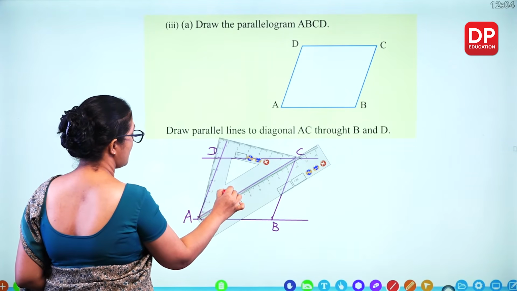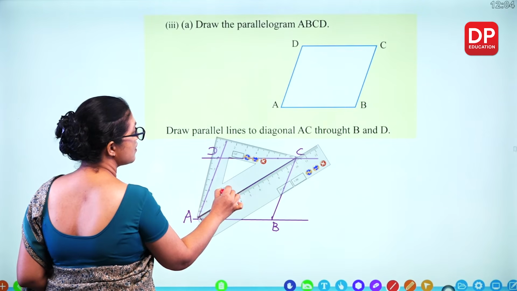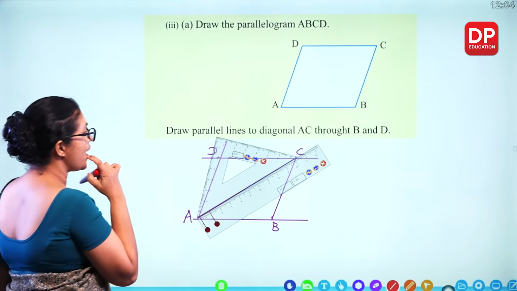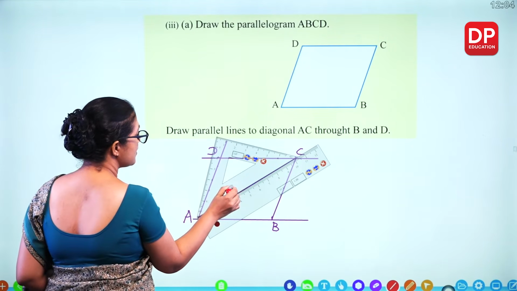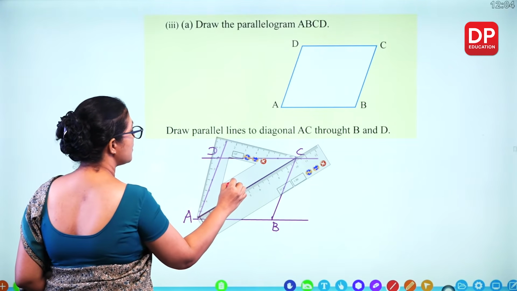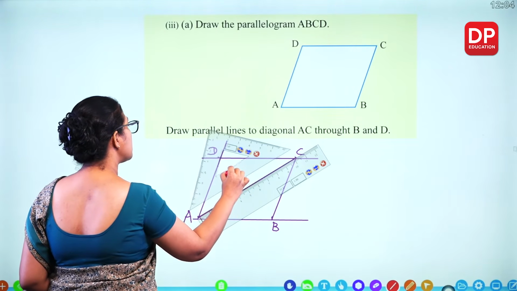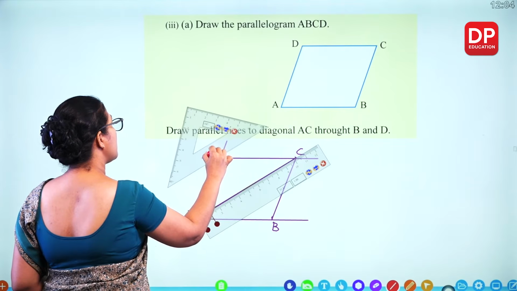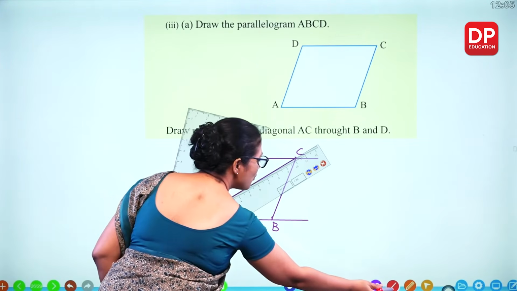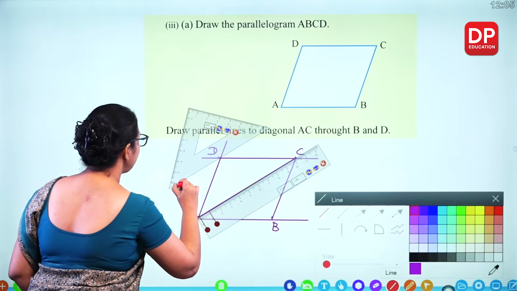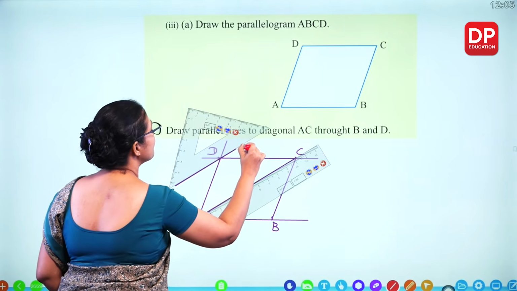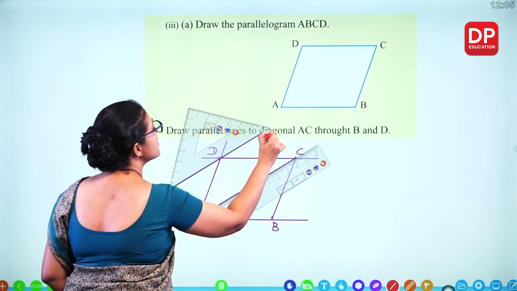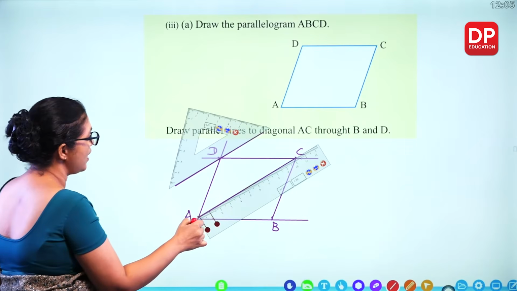And then you drag it so that you get the same parallel line, and now you draw the line. This line is a line parallel to AC.